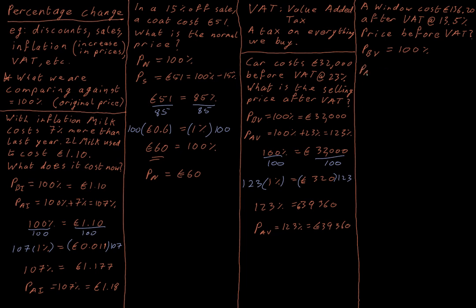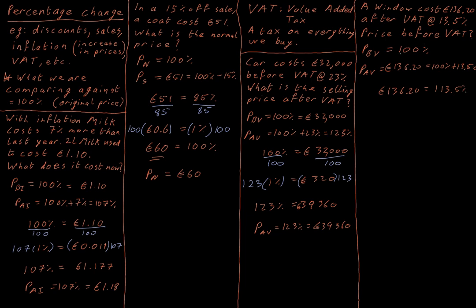So the price after VAT is our 136.20, which is equal to our original price, our price before VAT, plus our 13.5%, which means that 136.20 is equal to 113.5%.